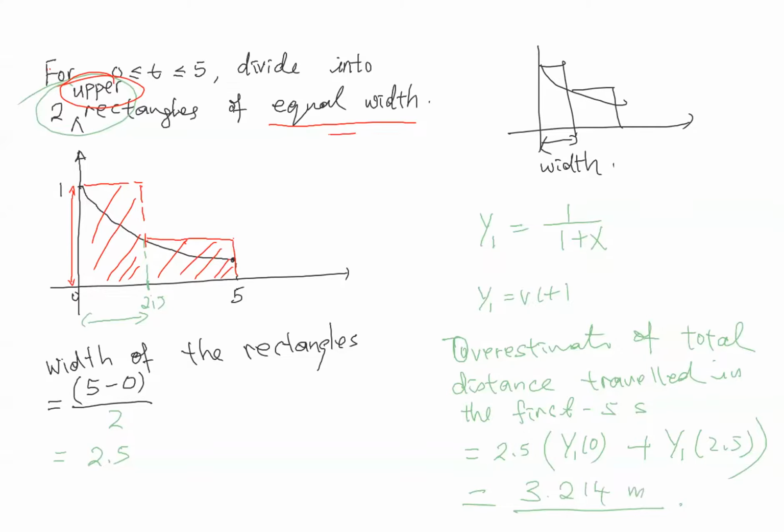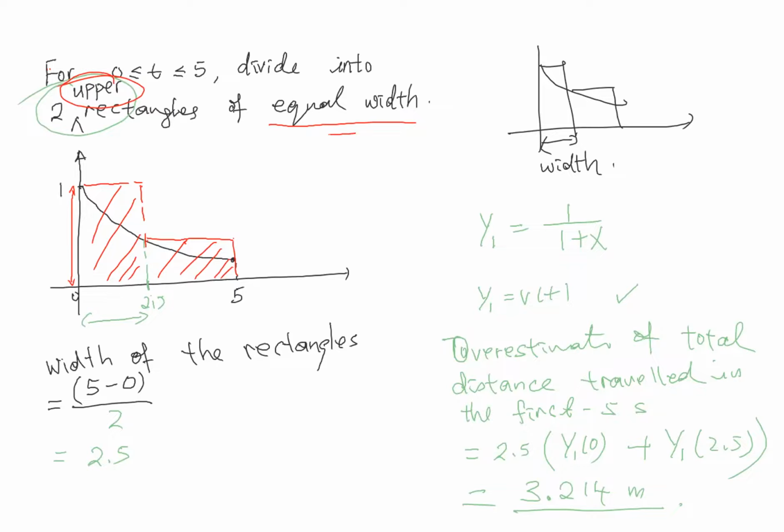You got 3.214 meter. So during the exam, as long as you write this down, you don't have to count the exact value unless the question says exact value, then only we substitute in. But usually when you talk about overestimate and underestimate, we will not ask you for exact value because it's an estimation. Do you get me? So now this is so much nearer to the actual one, compared to when we use one rectangle.